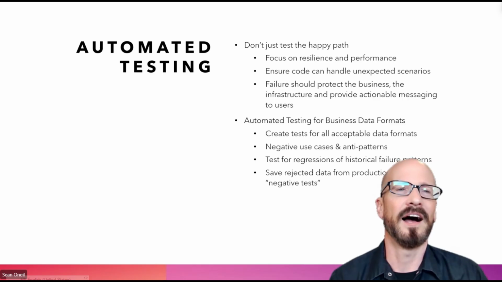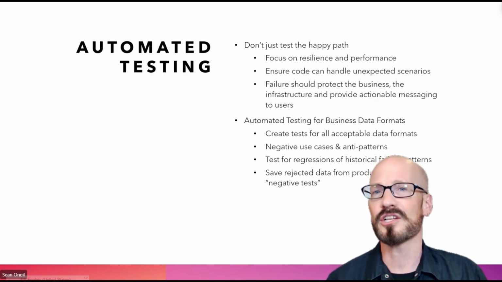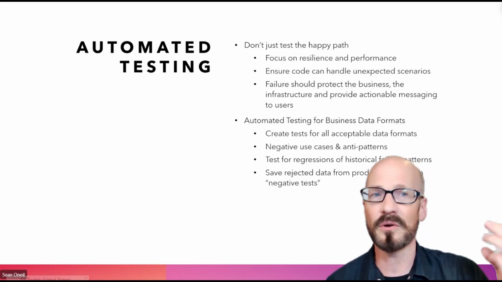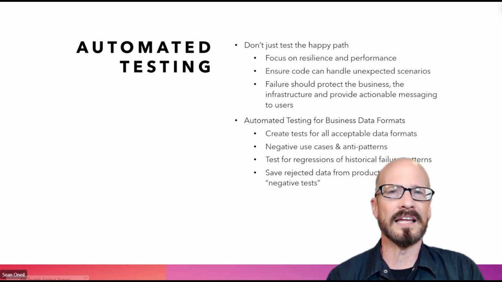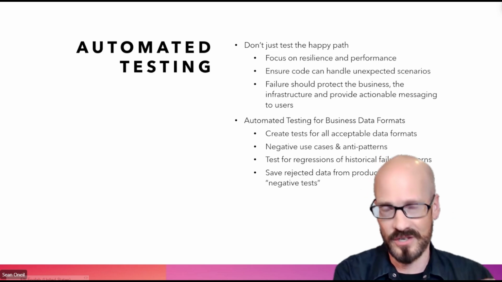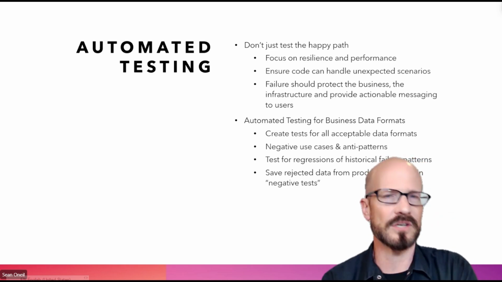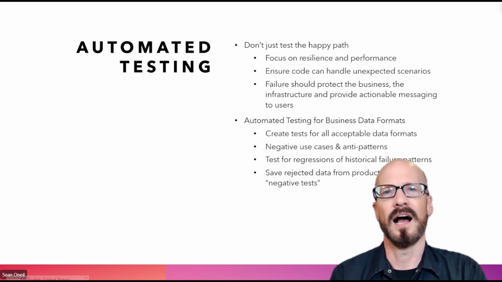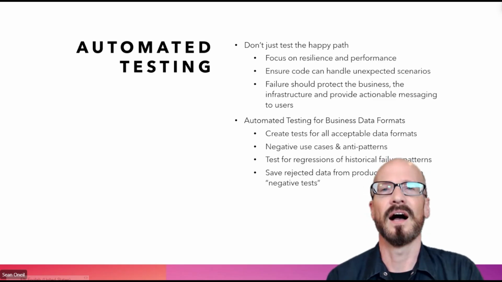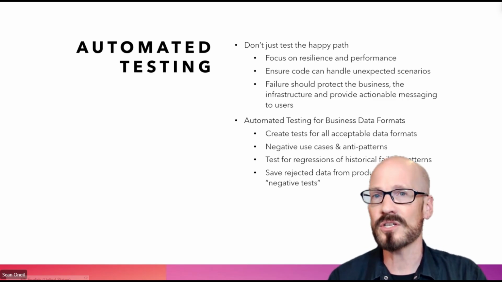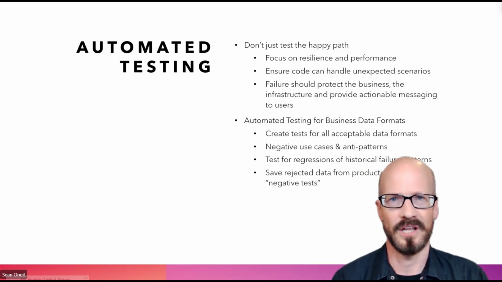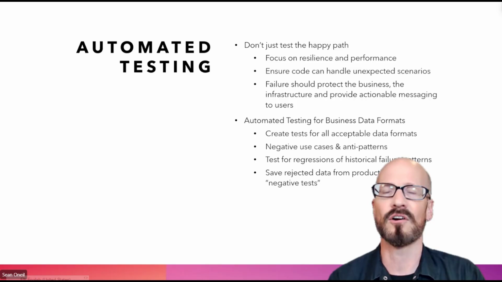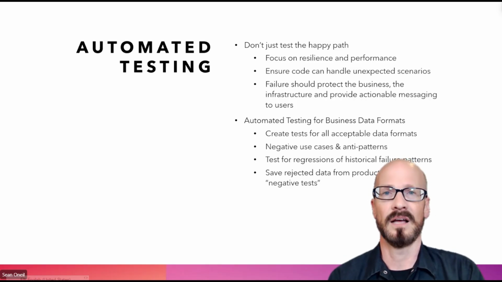Number two, make sure that your code can handle unexpected scenarios. Number three, this is important not only to protect the business, but think of your users. So as you're writing error messages, make sure that those error messages are context aware and actionable, so that the user that just got that error message can do something useful with it.